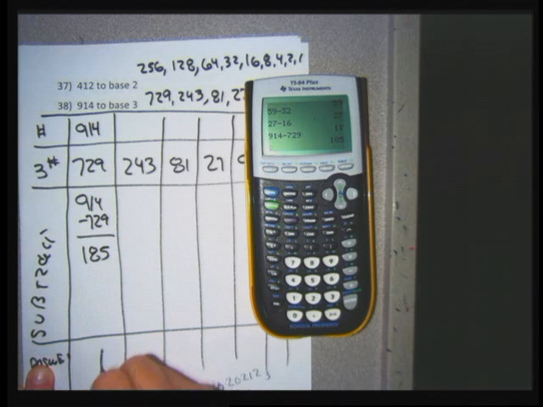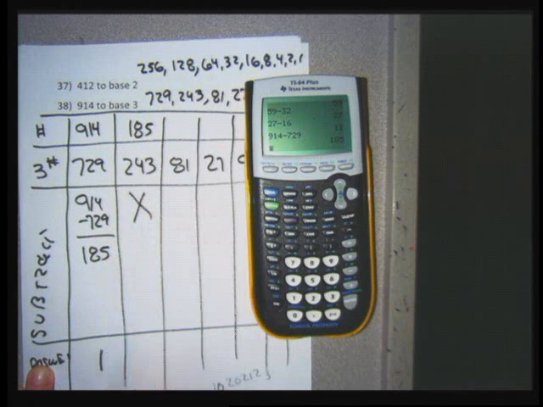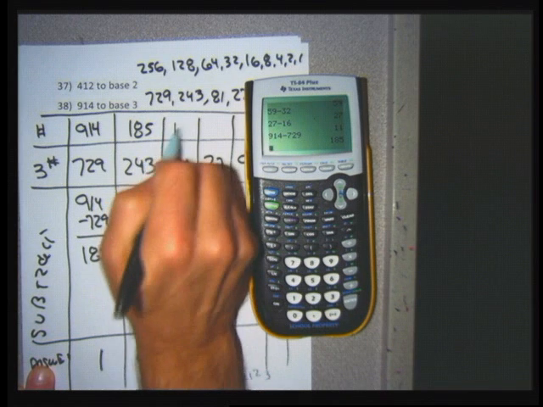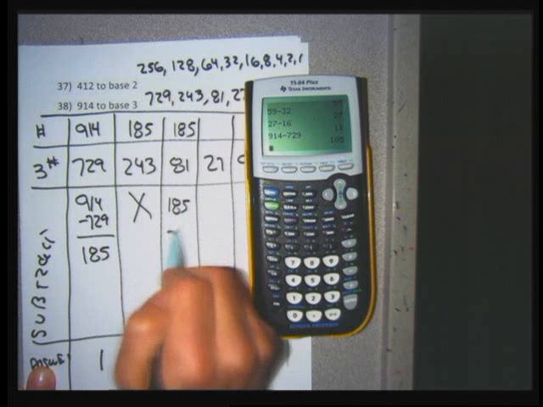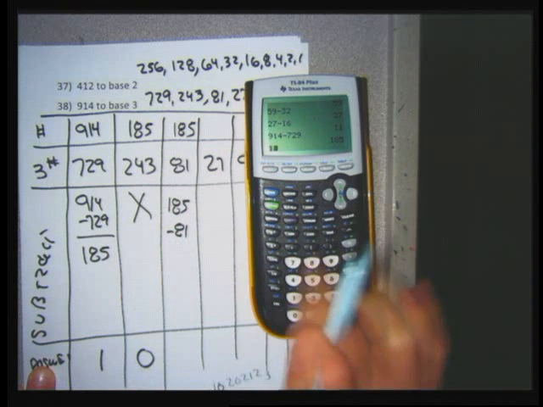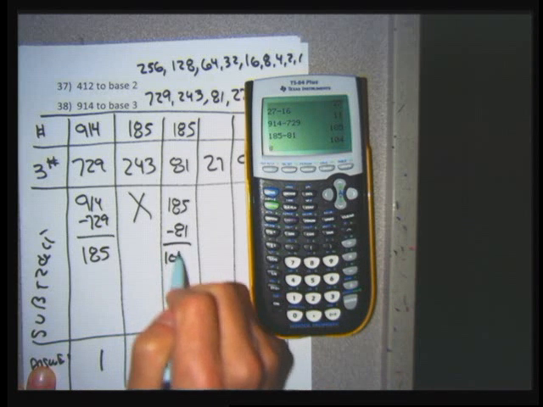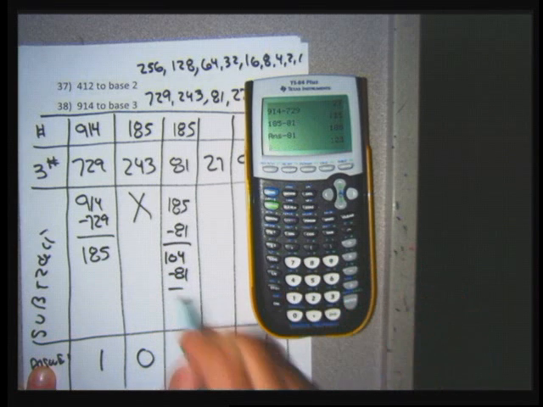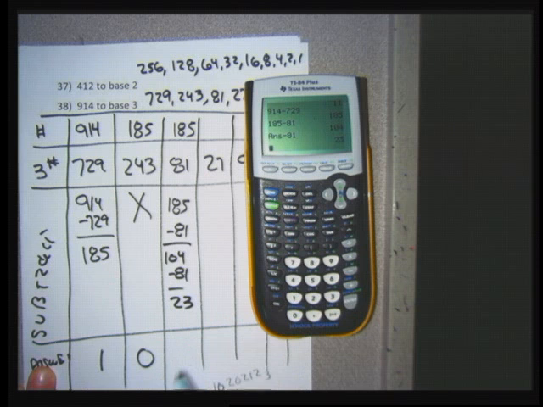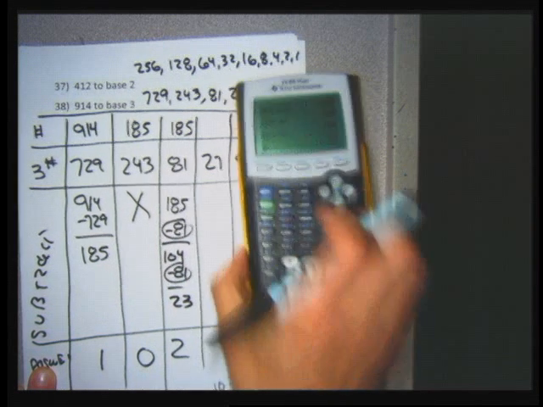I get a 1 there. I bring the 185 up. Can't subtract that because that would give me a negative. Put a 0 at the bottom. Carry my 185 over. Do 185 minus 81. Get 104. Minus 81 again is 23. Done subtracting that. Was able to subtract it twice, so I get a 2 at the bottom.